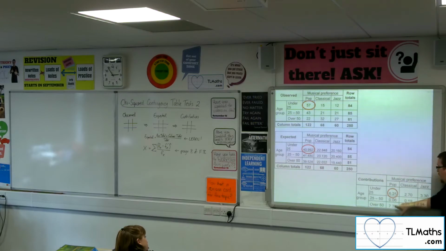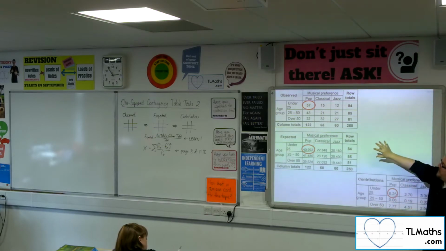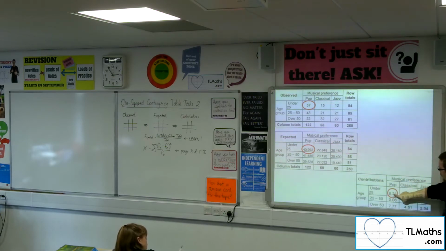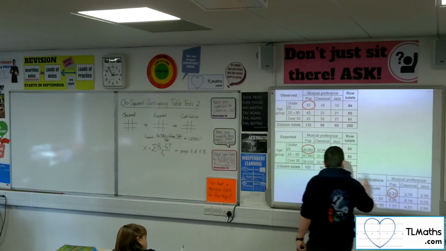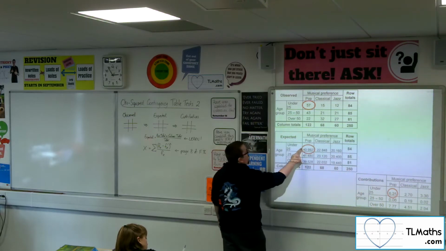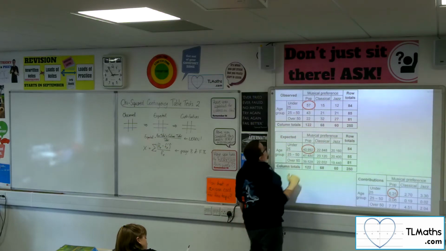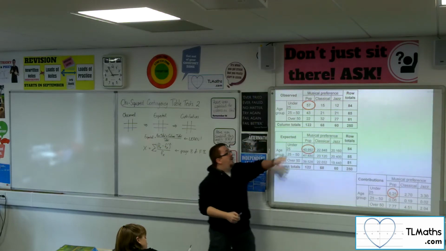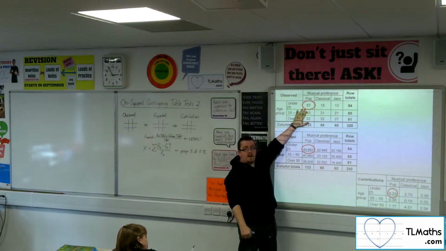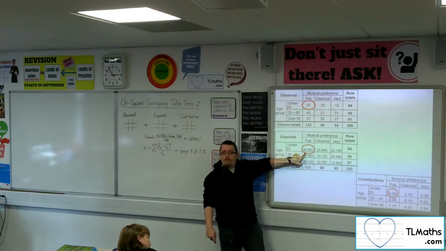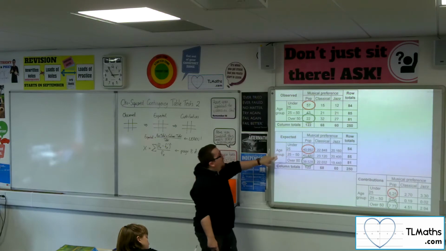So what we'd be able to say is this one is corresponding, that's quite large, to 40.992 for expected and 57 for observed. So we observed quite a number more than we expected for that group.